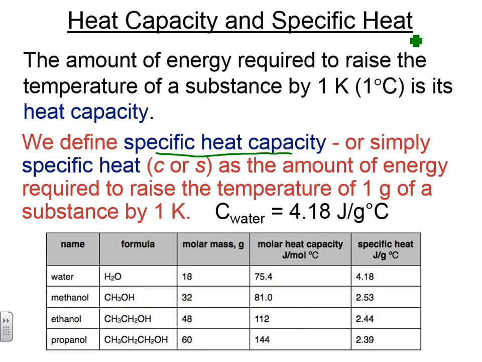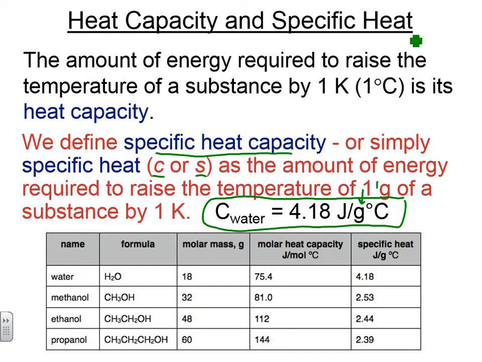Specific heat is usually given as a little c or a little s. If it's specific heat, it's s, but they're interchangeable. It's the amount of energy required to raise the temperature of 1 gram of a substance by 1 Kelvin. So famously, the specific heat of water is 4.18 joules per gram degree Celsius. What this means is if you want to raise the temperature of 1 gram of water by 1 degree Celsius, you must put in 4.18 joules of energy.